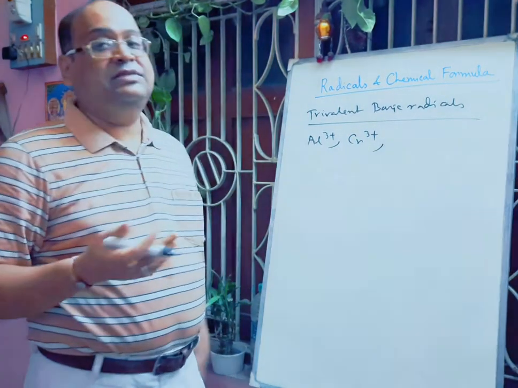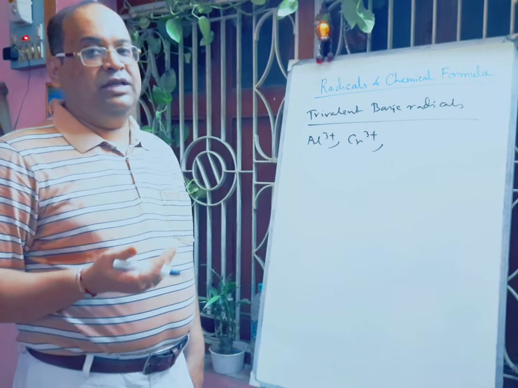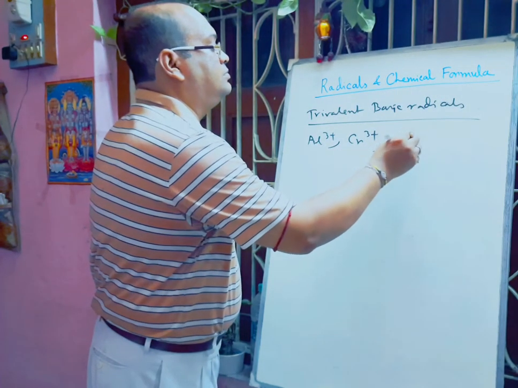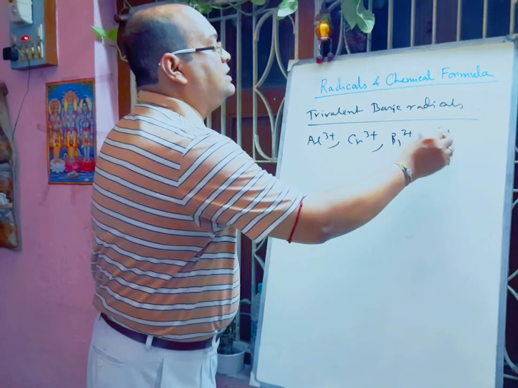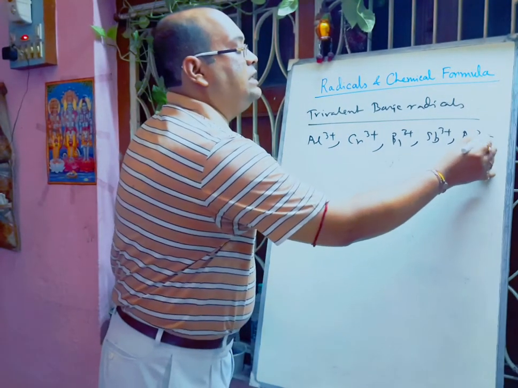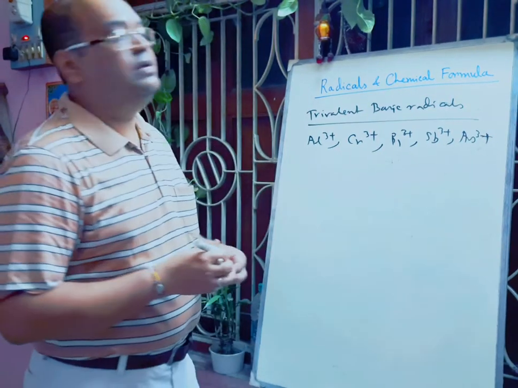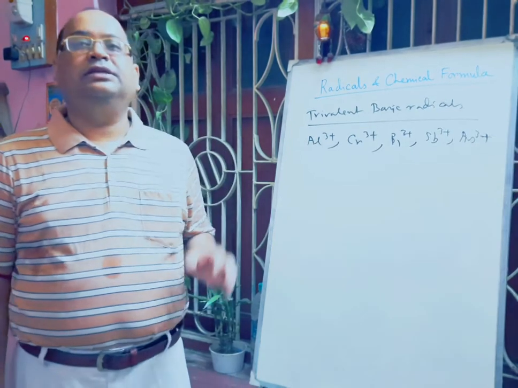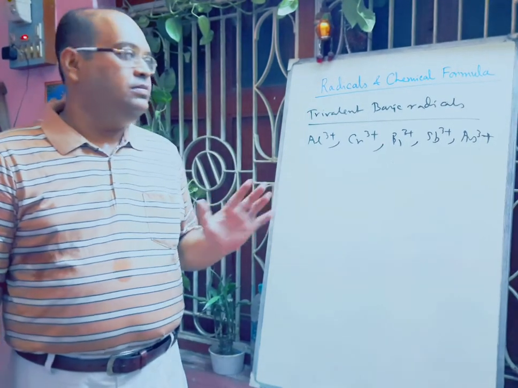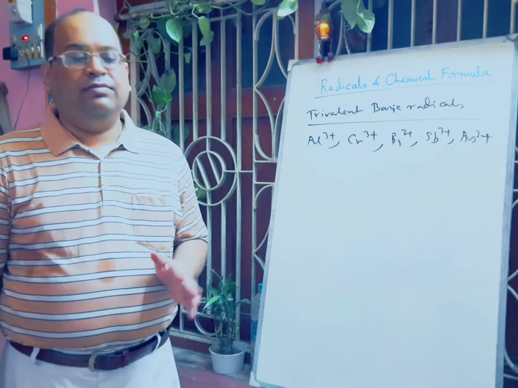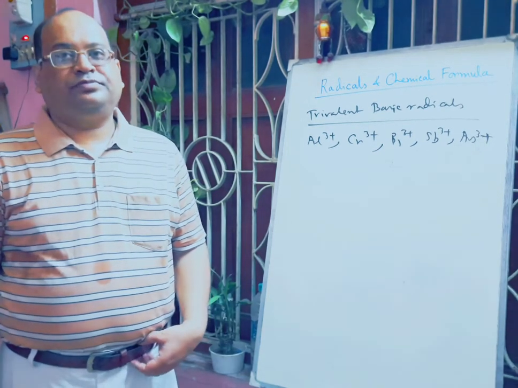We can write bismuth also 3 plus, antimony 3 plus, arsenic 3 plus. One chart is given that you have to keep in your mind. If you practice regularly, then you can easily remember this thing. Without knowing this thing, you cannot write the formula.